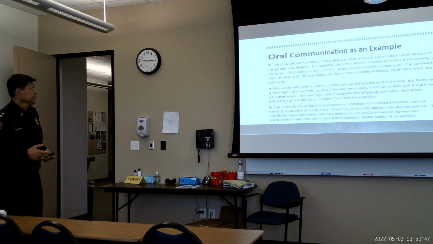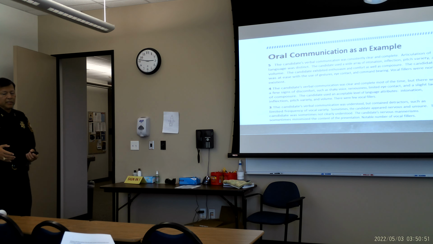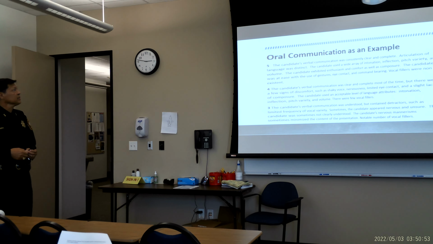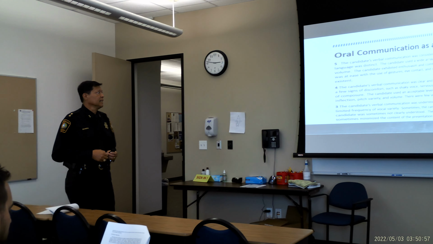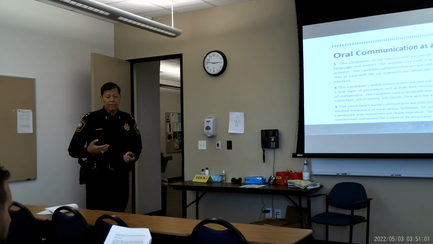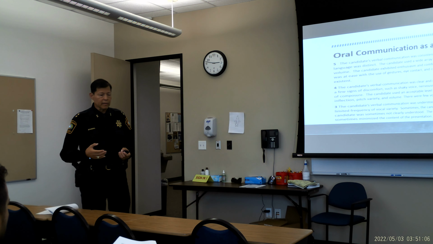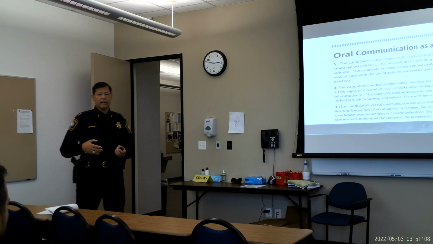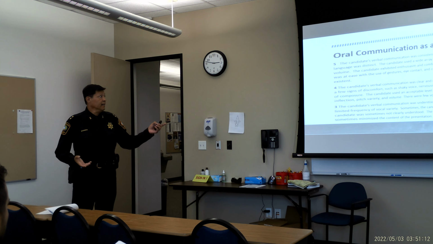For example, if the candidate's verbal communication is consistently clear, concise and complete, the articulation of the language is distinct, and you use vocal variety, let's say voice inflection, different pitch, different speed, intonation, the assessors will give you a 5.